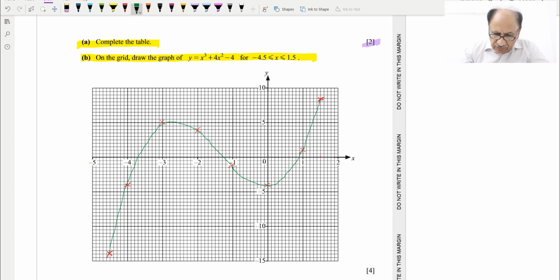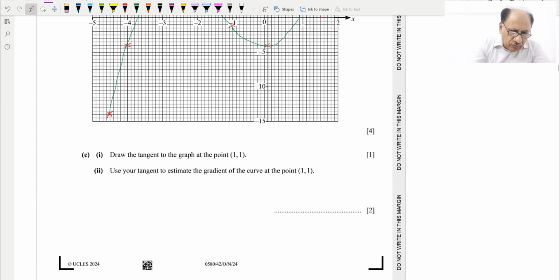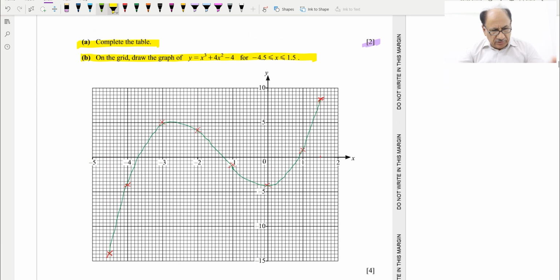Now they are saying, next is to draw the tangent to the graph at the point 1 1. So we need to draw the tangent to the graph at 1 1, and we can check this. It should be here.